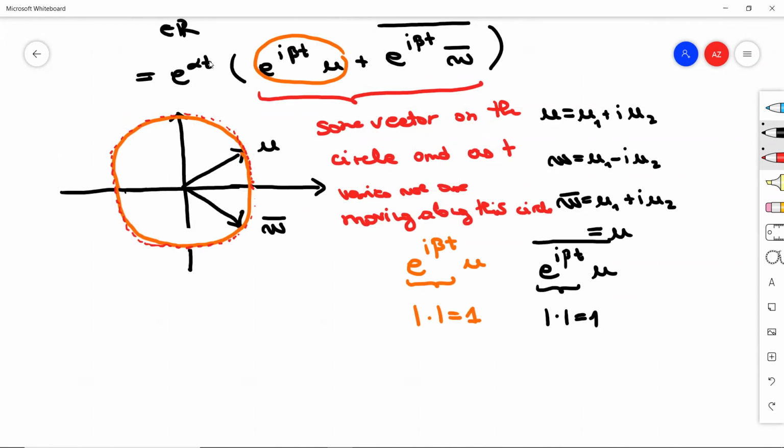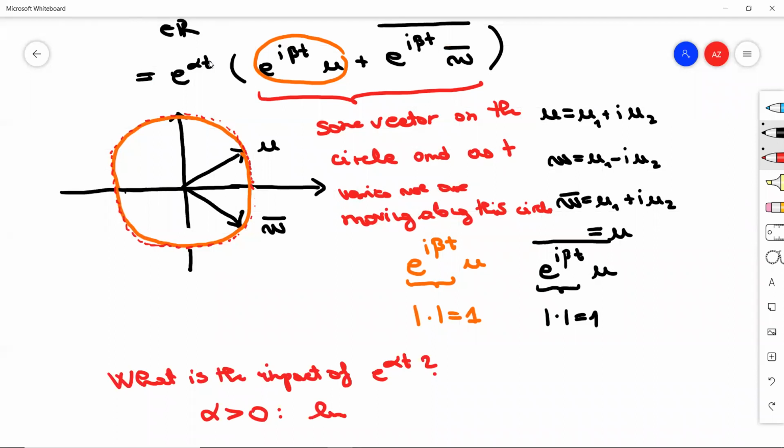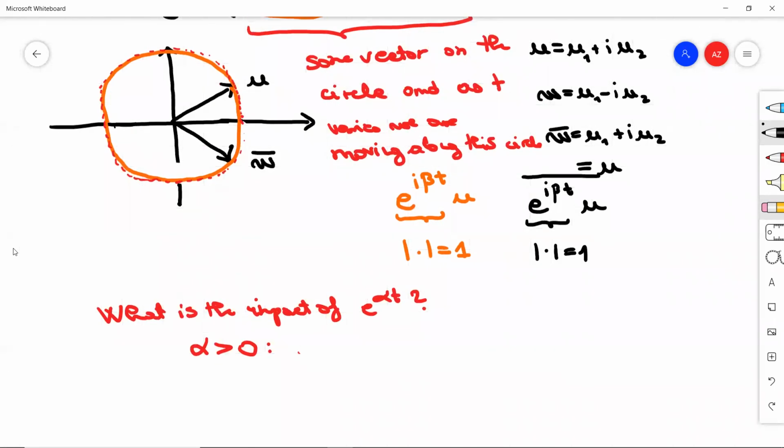So what's happening? What is the impact of e to alpha t? So if alpha is bigger than 0, then this e to alpha t is in fact an increasing function, because an exponential function with a positive coefficient is increasing, and it goes to infinity.